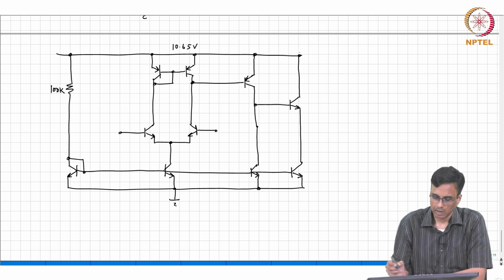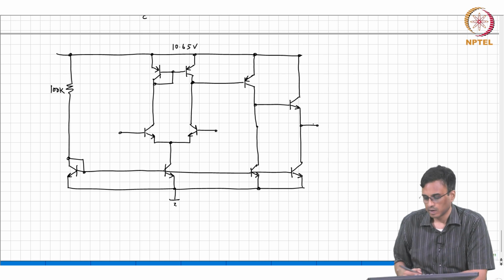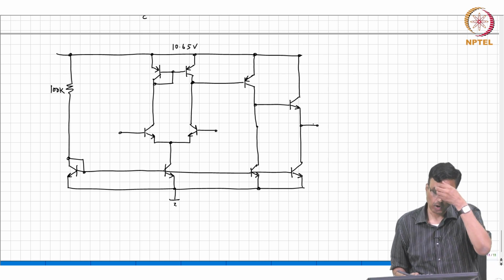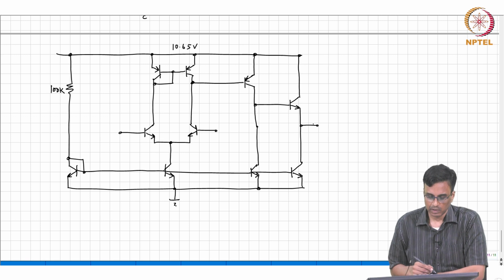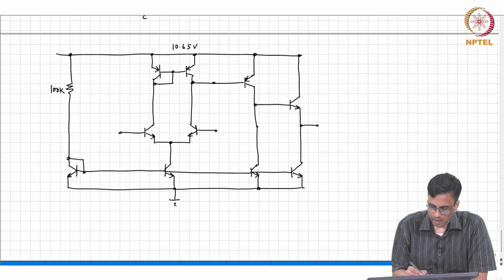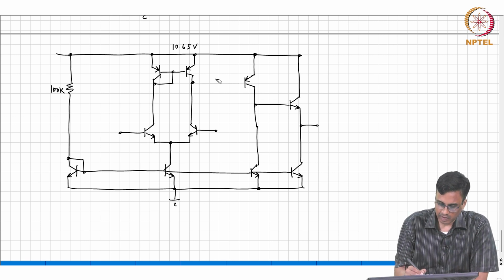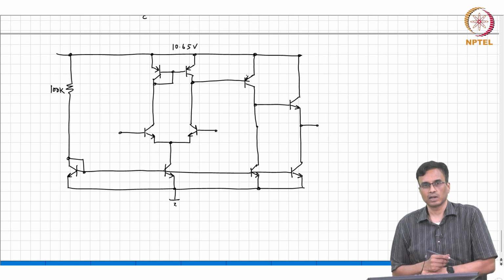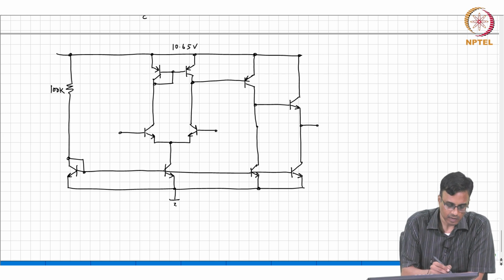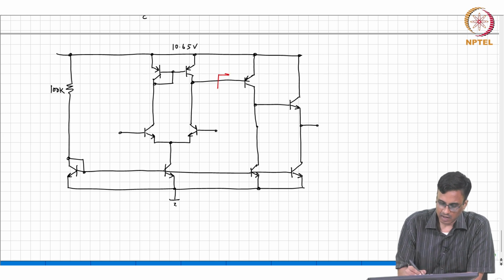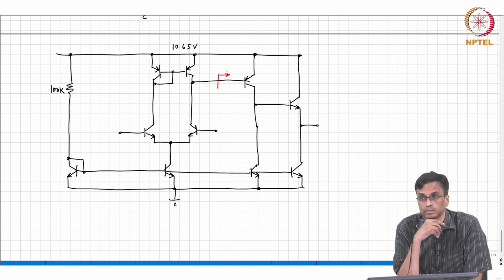Okay, so this is an example of a two-stage op-amp, a toy one, but the basic principles are there. However, there is a difference between something done with MOS transistors and something done with bipolar transistors. What is the input impedance seen here?